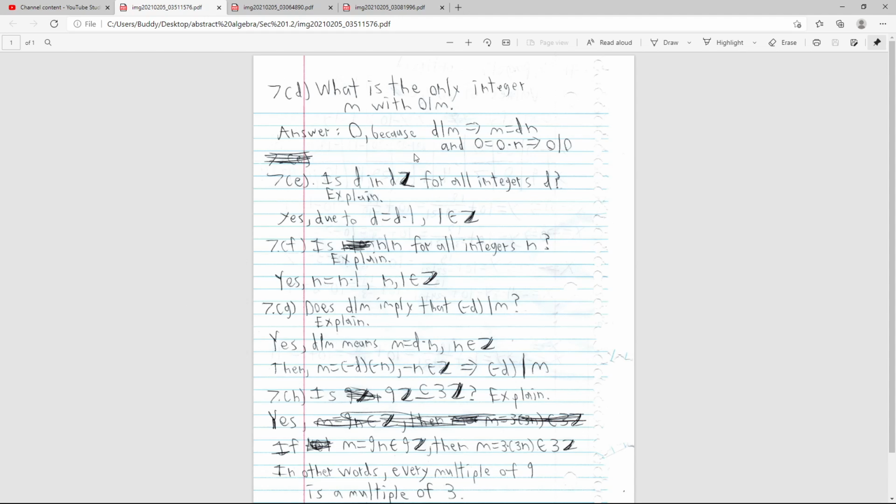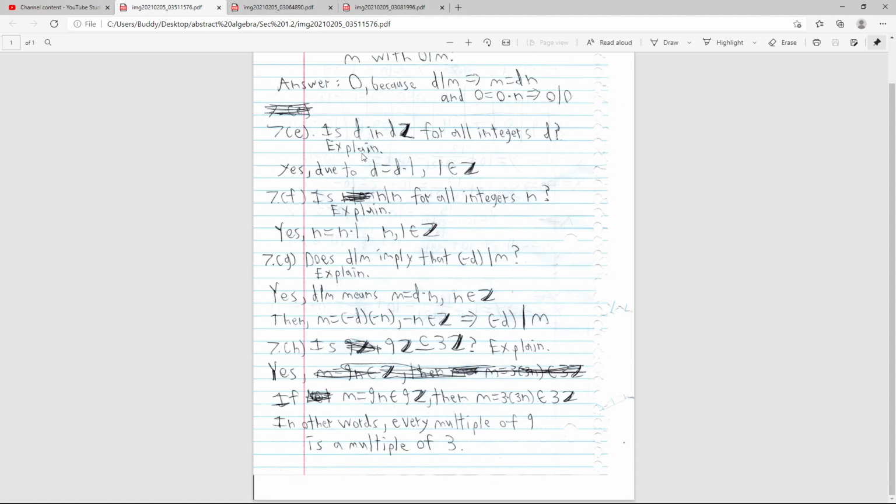Is d in dZ for all integers d? I have to explain this one. So yes, this one's quick, due to d equals d times 1, and 1 is in Z. It's d multiplied by a number will equal d; the number 1 will equal d, and 1 is in Z. This part is n divides n for all integers n, and I have to explain.